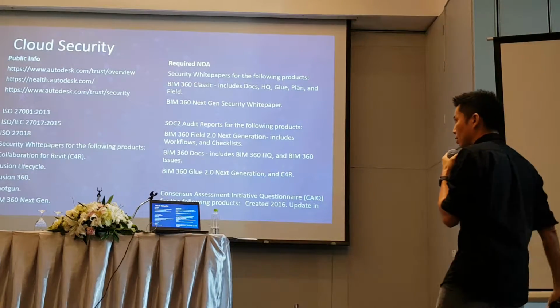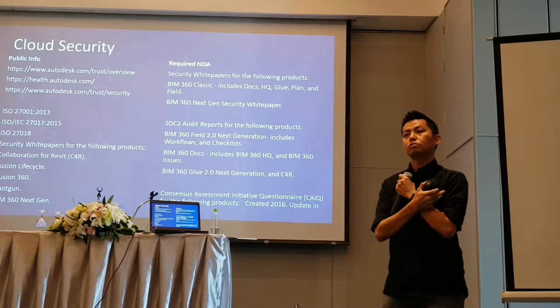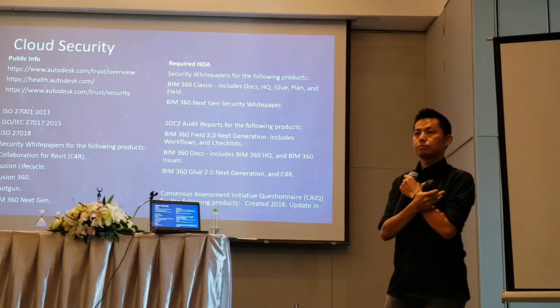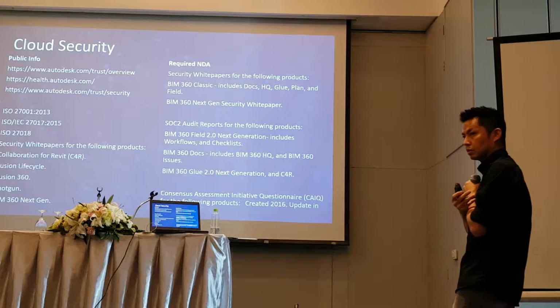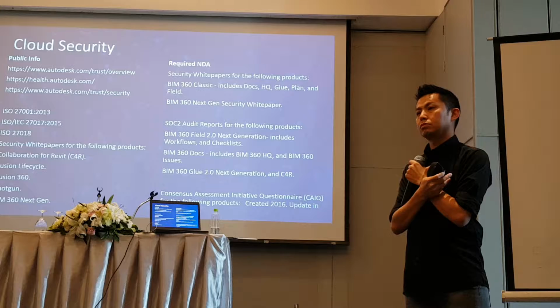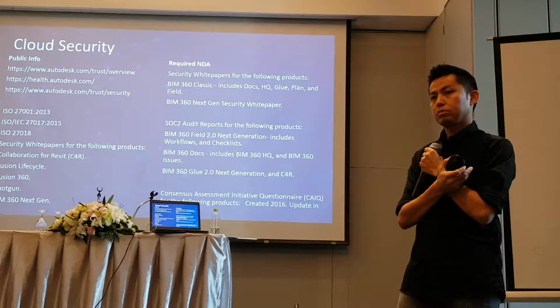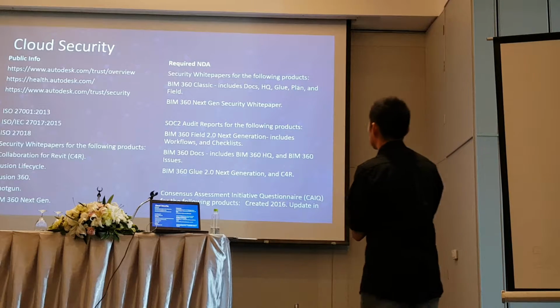These are the kinds of info you need to be equipped with when your customer asks about the reliability of the services. This is one way of showing them how transparent we are with our cloud services.